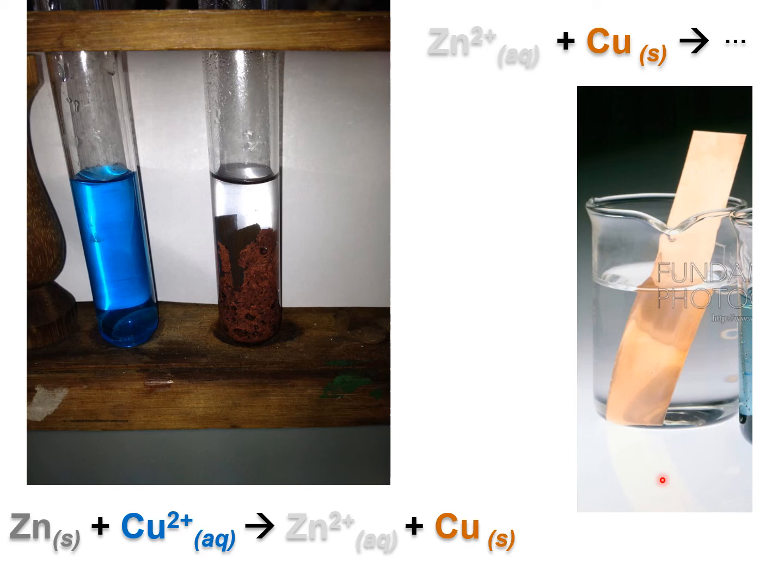And so there is definitely a ranking between those two elements, where copper ions are very effective in stealing electrons from zinc, while zinc ions are not effective at all in stealing electrons from copper. So there is a very strict directionality. One of the two is spontaneous, the other one is not.